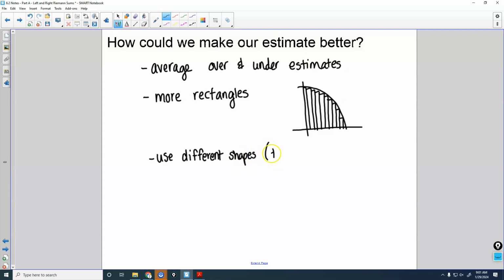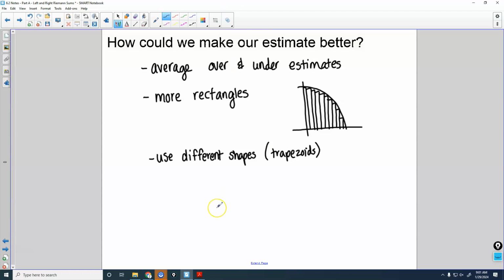Particularly helpful are going to be trapezoids, but we could use other shapes as well. And that would give us a better estimate for that.